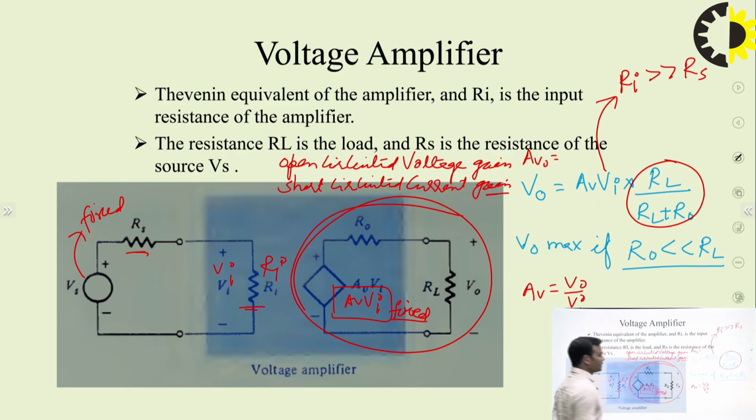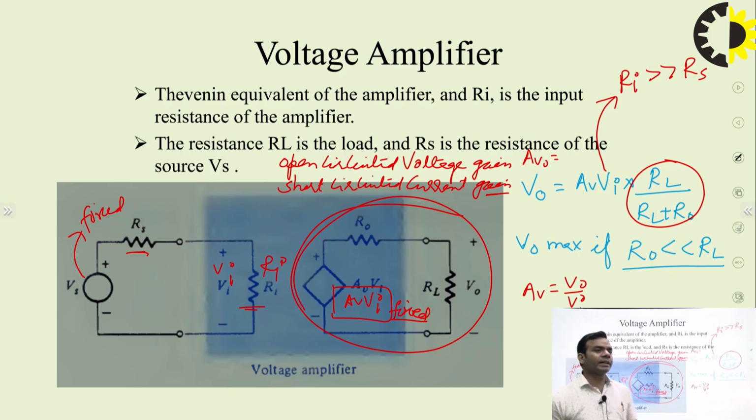In that case, this load is short circuited. So AV naught is nothing but when we open circuit this load, the gain obtained is known as AV naught. And in case of overall voltage gain, we need to consider the effect of R naught, RL as well as Rs and Ri.